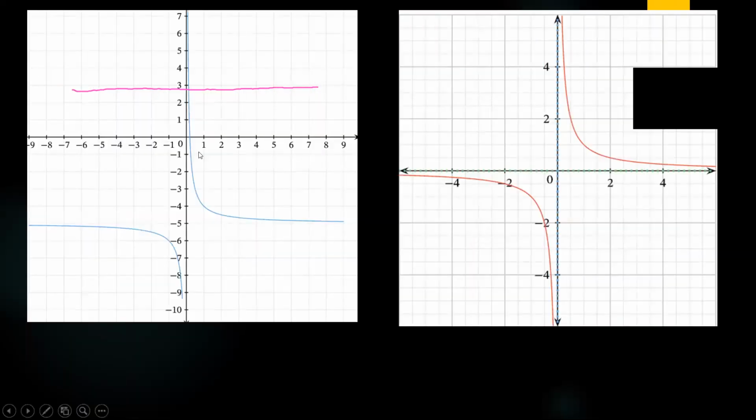Let's have this example here now. Where's the asymptote? Let's draw it. Search for a line that, if you draw it, doesn't touch the two curves.